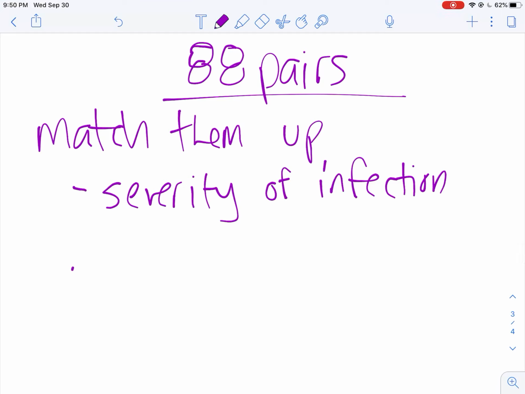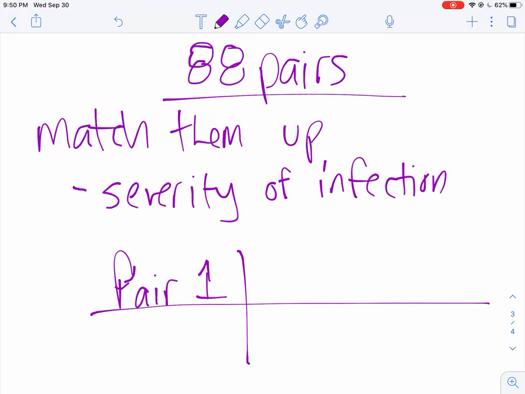So let's say pair one, right? Let's use this pen here. Sorry, guys. So you get pair one, and we'll just randomly call these people, let's say, Todd and Tom.